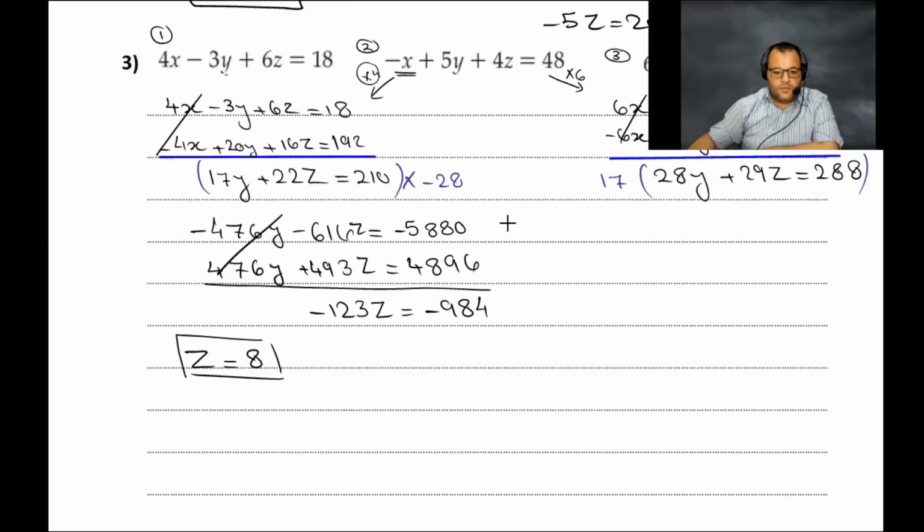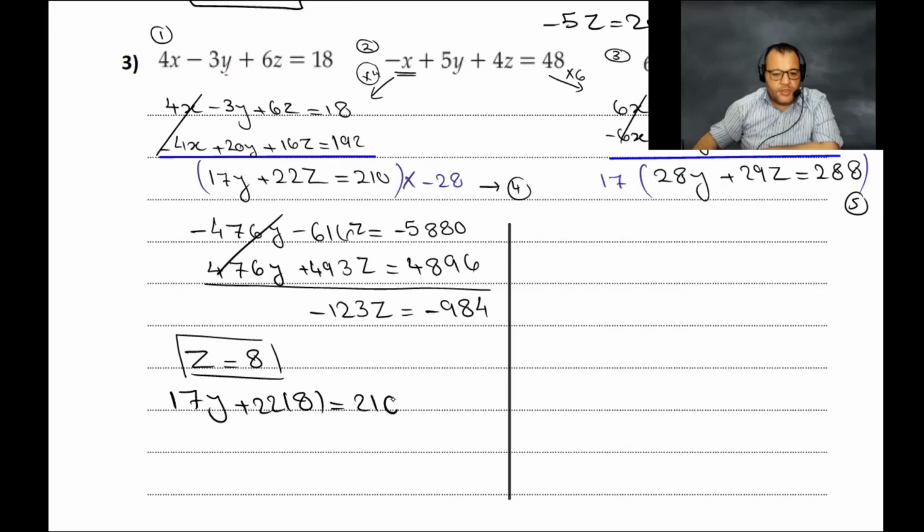At equation number 4, that's 4 and that's 5. So it will be 17y plus 22 times 8 equals 210.